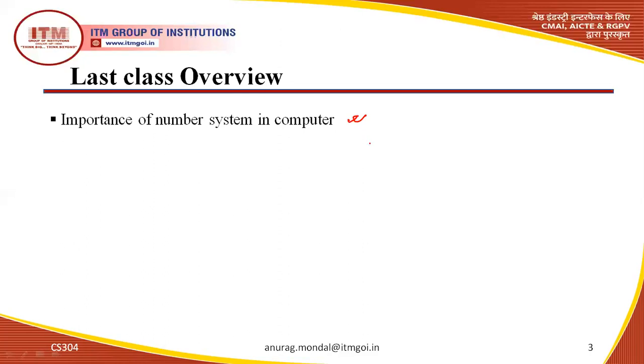We need to know its meaning, then only are we able to design any kind of memory, and that is why the number system is very important in the computer.